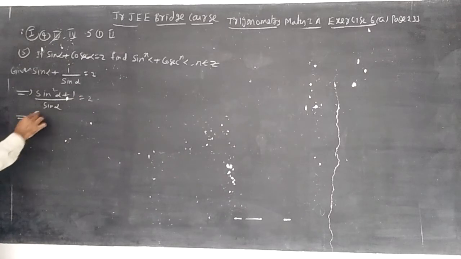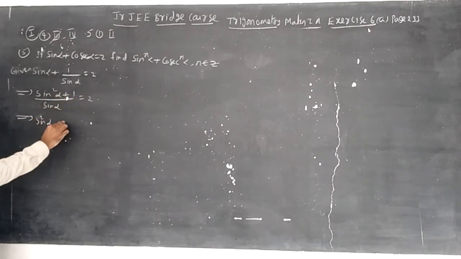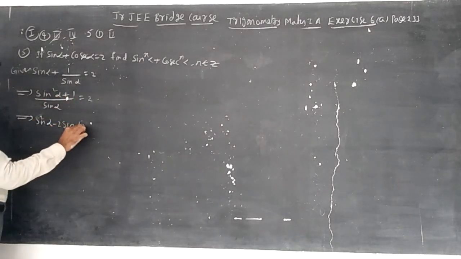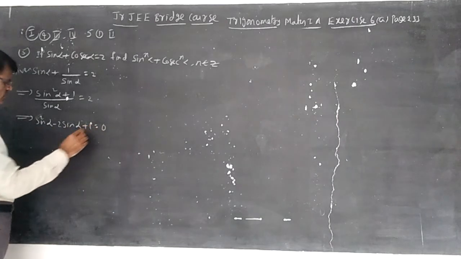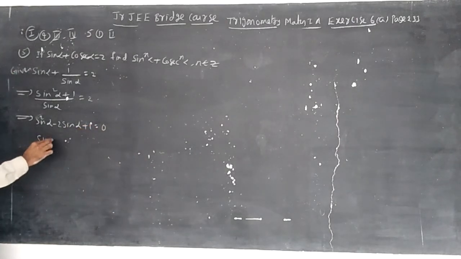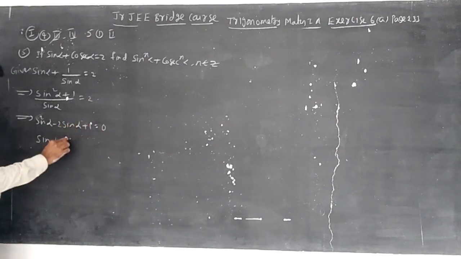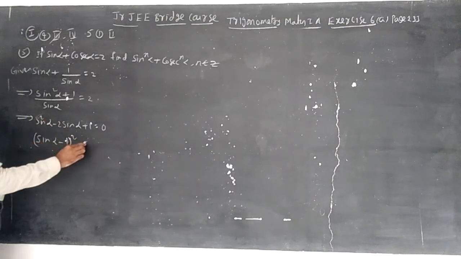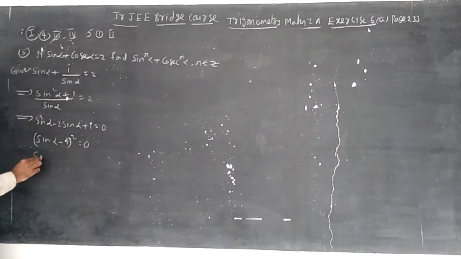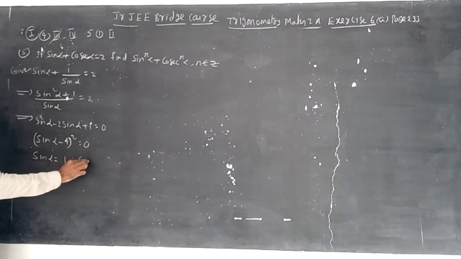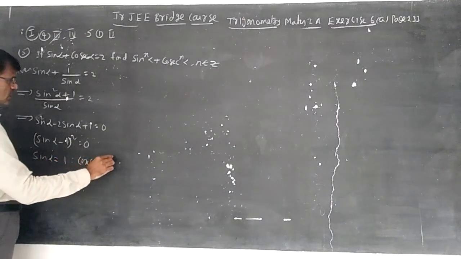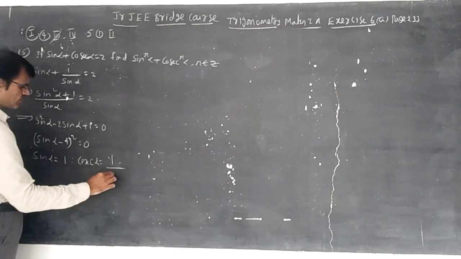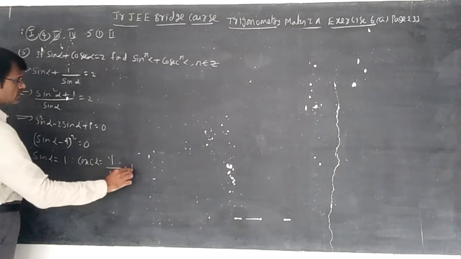That implies sin square alpha, taking this to this side, becomes minus 2 sin alpha plus 1 equal to 0. So sin alpha minus 1 whole square equal to 0, sin alpha minus 1 equal to 0, sin alpha equal to 1. Cosec alpha is the reciprocal, 1 by sin alpha, so 1 by 1 is equal to 1.